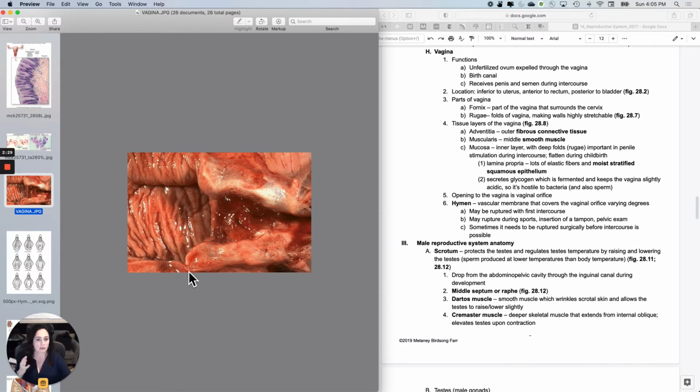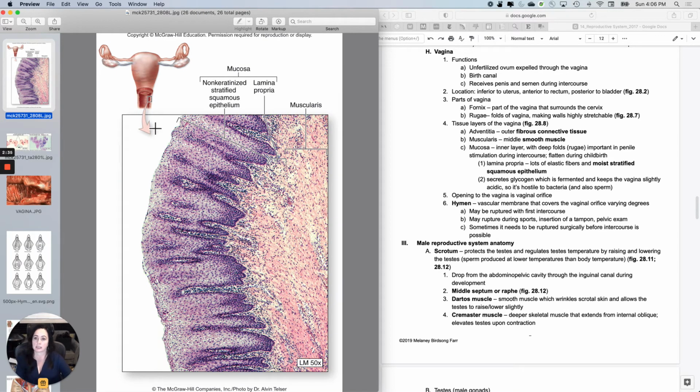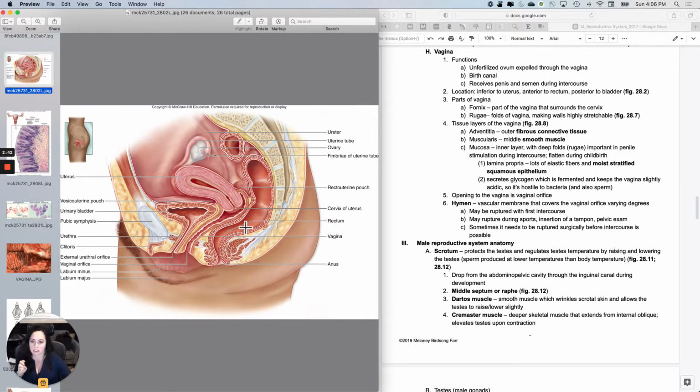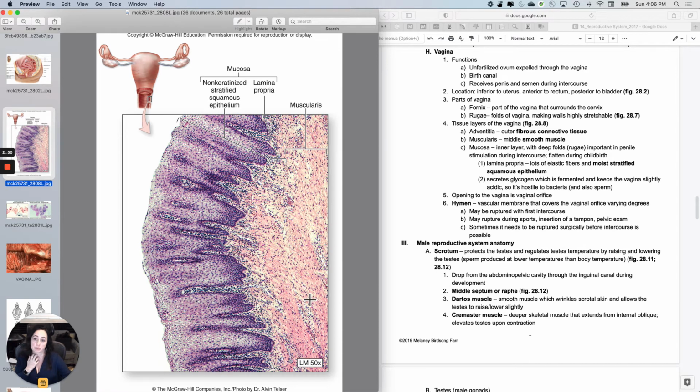Okay, so let's look at the tissues that make up the vagina. The outer layer of the vagina is basically connective tissue, because if you look back at this figure for a second, you can see that as the vagina runs through, there's connective tissue all the way around it. And then the middle layer of the vagina is made of smooth muscle in the wall, okay? And that's called the muscularis layer.